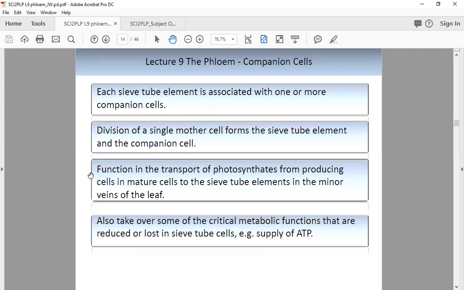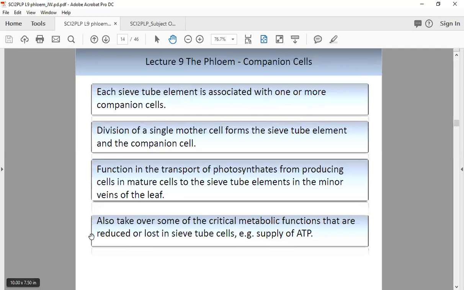The companion cells function in the transport of photosynthates from producing cells in mature leaves to the sieve tube elements in the minor veins of the leaf.